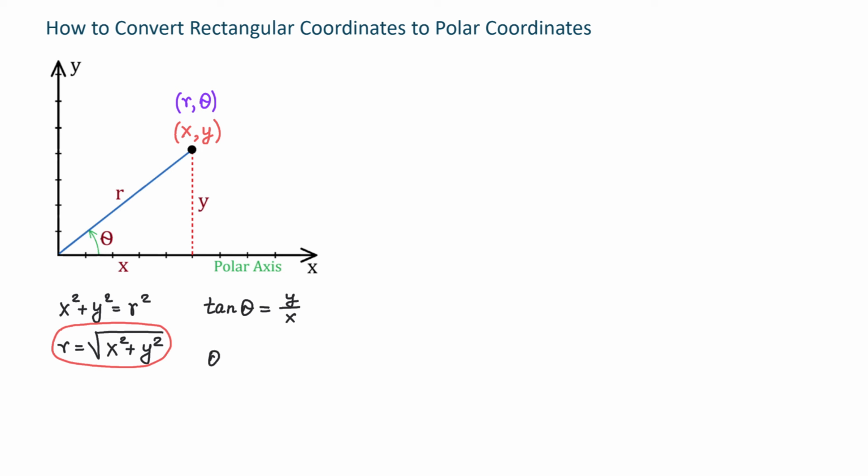Then theta equals inverse tangent of y over x. This formula will give us angle theta, however, it has to be adjusted depending on the quadrant. Now let's see the steps we have to take to convert rectangular to polar.